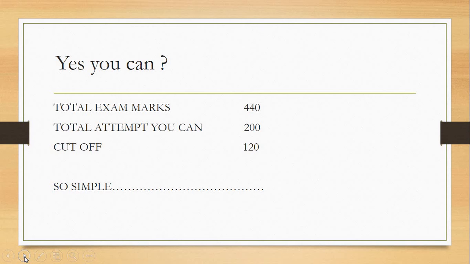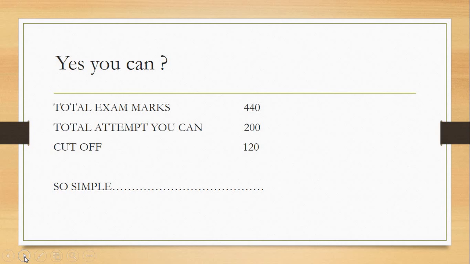Now after looking at the syllabus, you can think, can I do it? Yes, it's easy. There is no other exam as easy as CSIR if you are going to prepare well. As you know, the total exam is 440 marks. The question paper comes to you with 75 questions, 50 questions and 20 questions, out of which we have to attempt questions for only 200 marks.